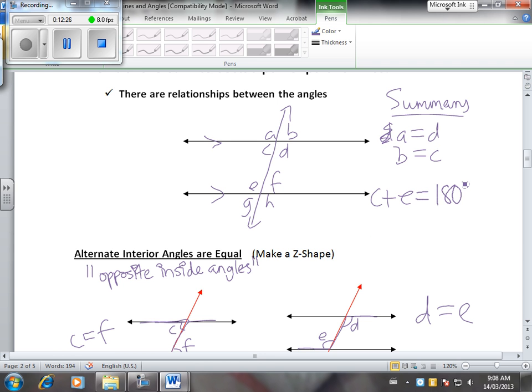We know that D plus F will equal 180 degrees.